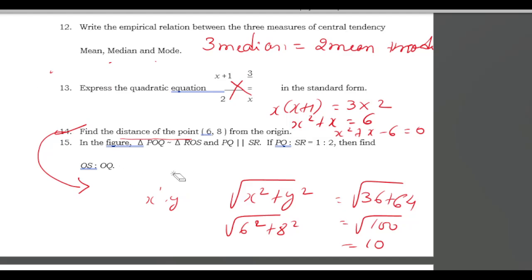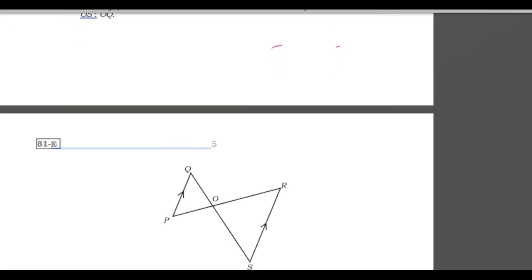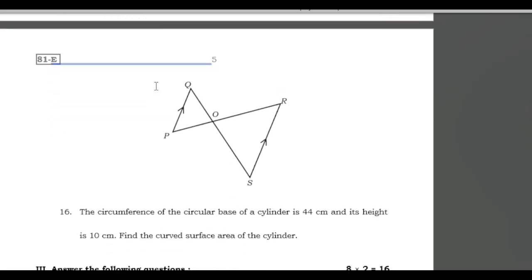Next, the 15th question. In the figure, triangle POQ is similar to triangle ROS, and PQ is parallel to SR. If PQ is to SR is equal to 1 is to 2, then find OS is to OQ. They have given the diagram.